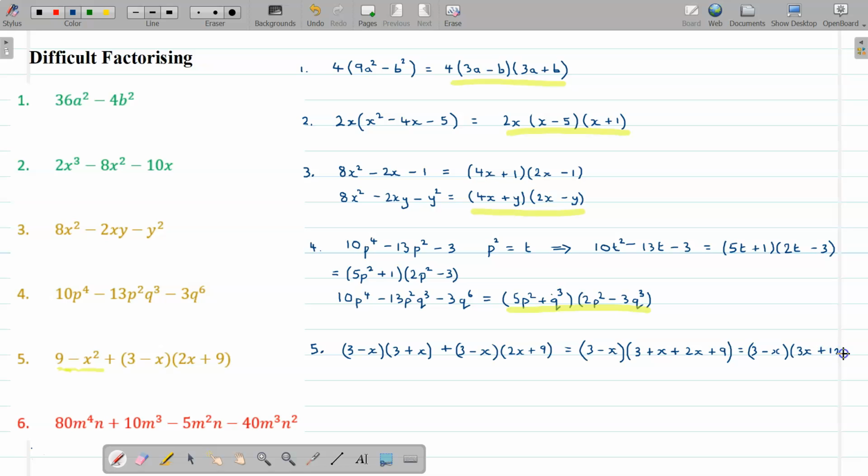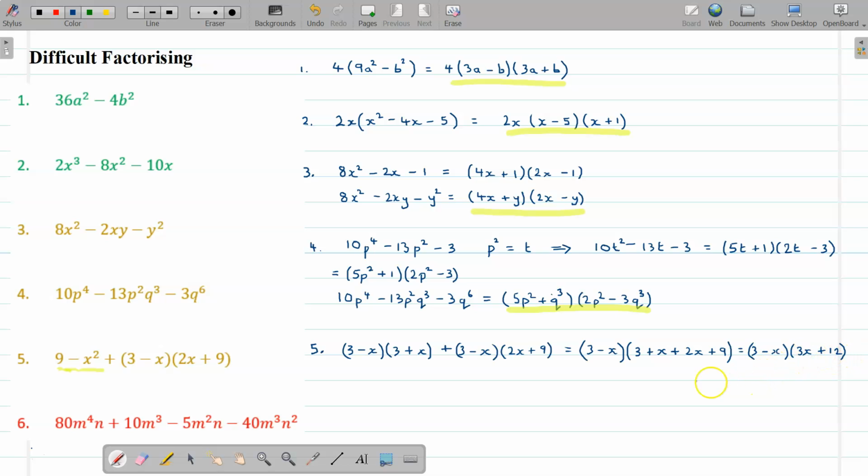But in combining those four terms in the last bracket into two, we've created a new common factor. And the common factor in here is 3. So we've got 3 lots of x plus 4.